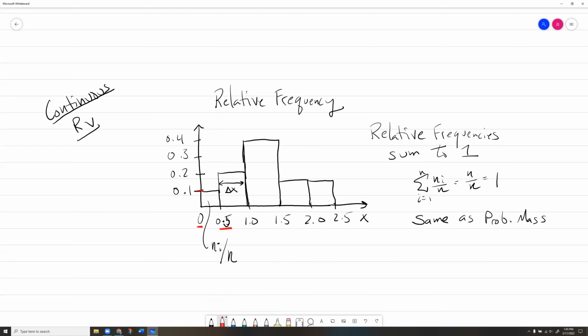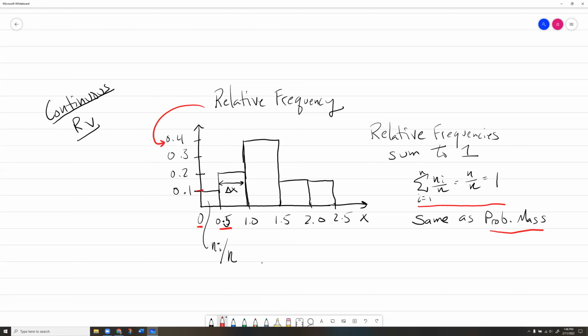All right, and we do that for all the range of observations. That gives us a histogram. And then we have our relative frequency plotted on this y-axis, just the number of observations that fell in each bin divided by the total number of observations. And we'll note that if we sum up all of these values, our relative frequencies, then we get to 1. This is the same as that probability mass idea.